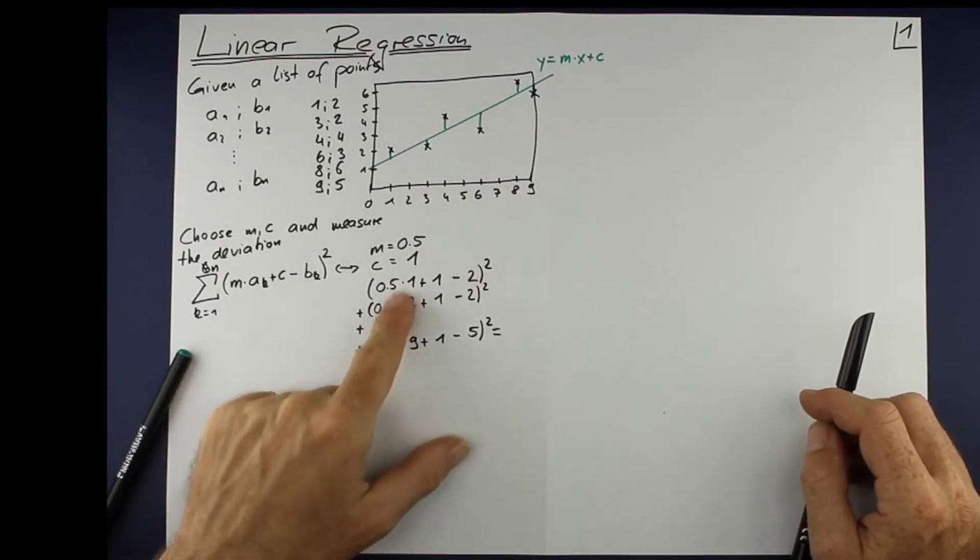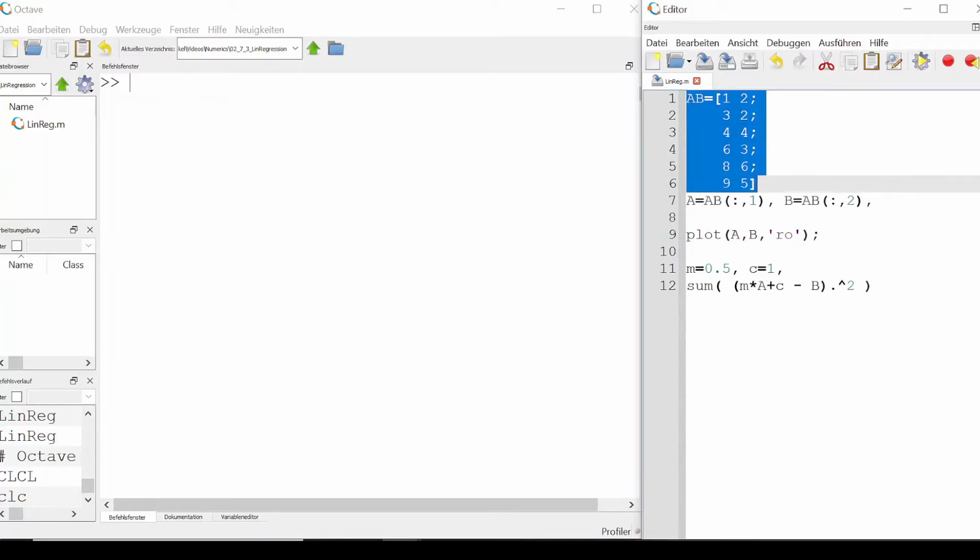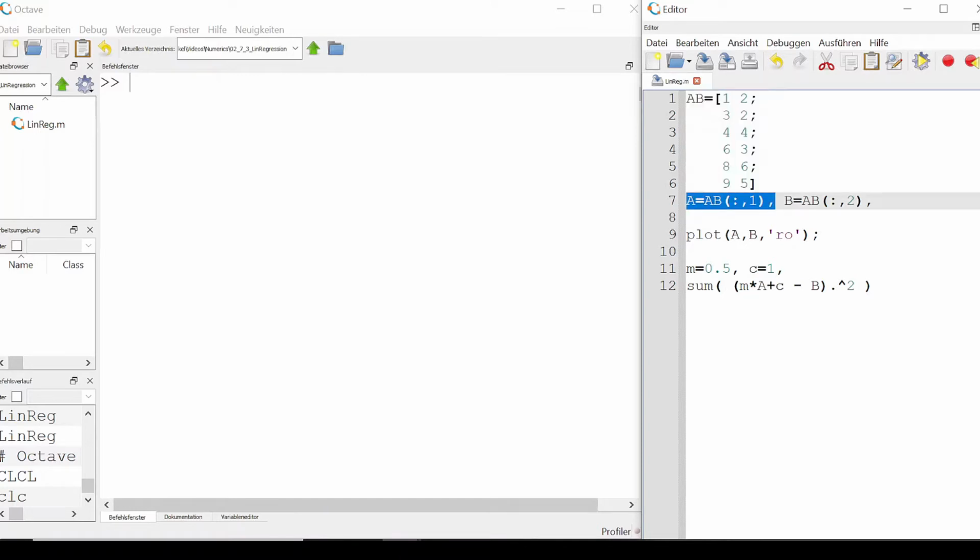We can do that calculation by hand, but we can also use electronic help. Okay, here I entered the points. The first column represents the a values, and the second column represents the b values. Then we can plot these points, and say, let's use the slope 0.5 and the c value 1.